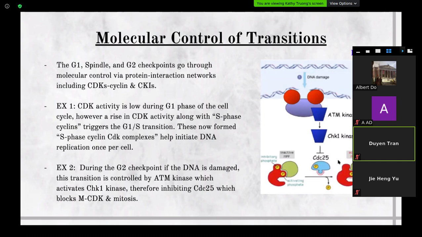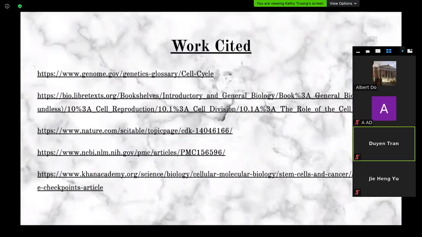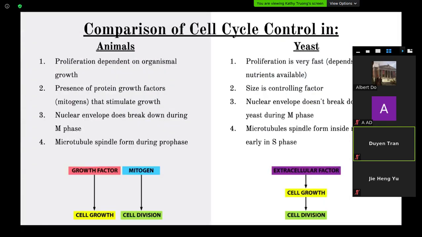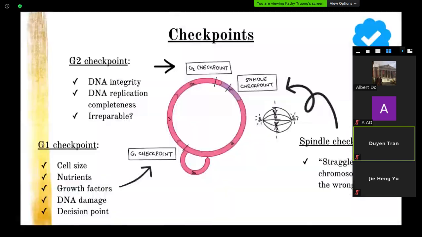Sorry, I had a question. I'm number 7. I was wondering if you could go back to how CDK is regulated in yeast cells. Wait, this one? Go back a bit more. Is it this diagram?